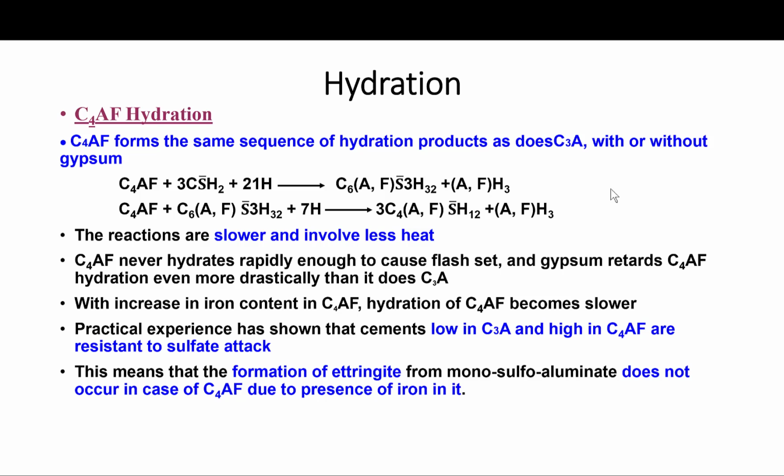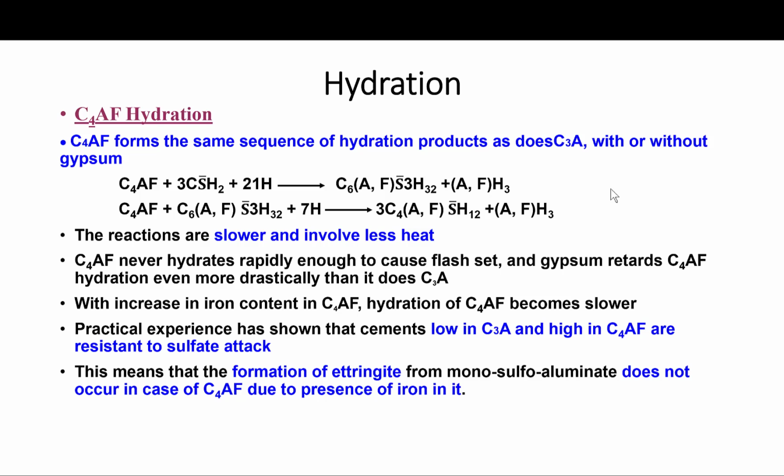Okay, with the increase in iron content in the C4AF, hydration of the C4AF becomes even slower. Practical experience has shown that cements low in C3A and high in C4AF are resistant to sulfate attack. So this means the formation of ettringite from monosulfoaluminate does not occur in the case of C4AF.